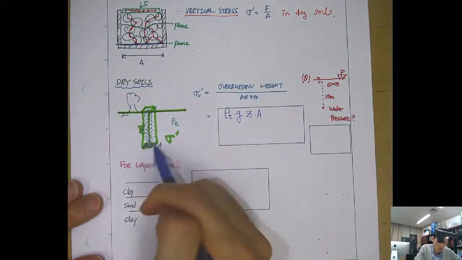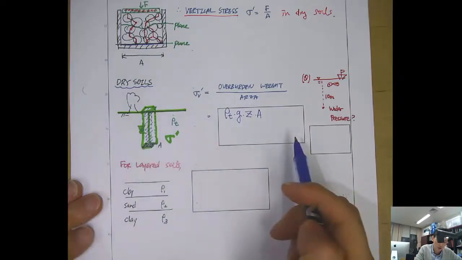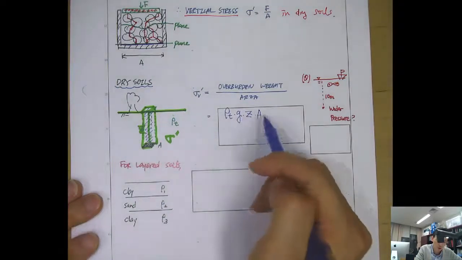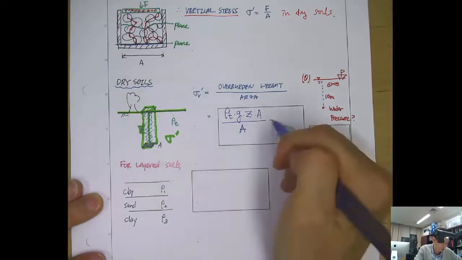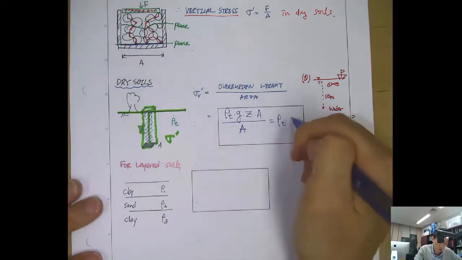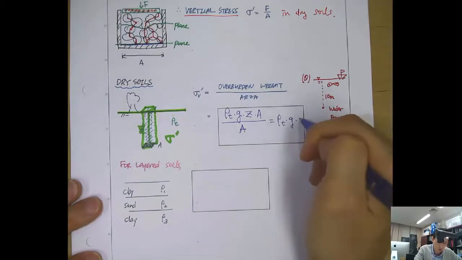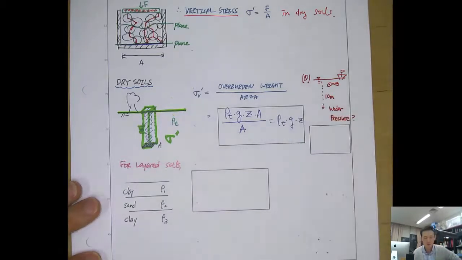And A is the area of this plane, and rho T times g will give you the weight. And divided by the area, this will be rho T times g times Z.